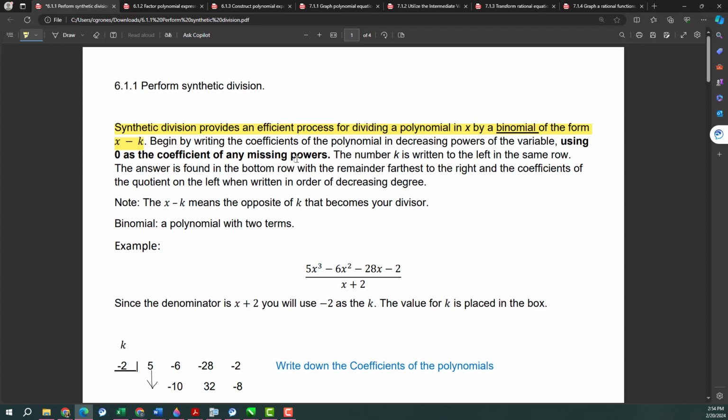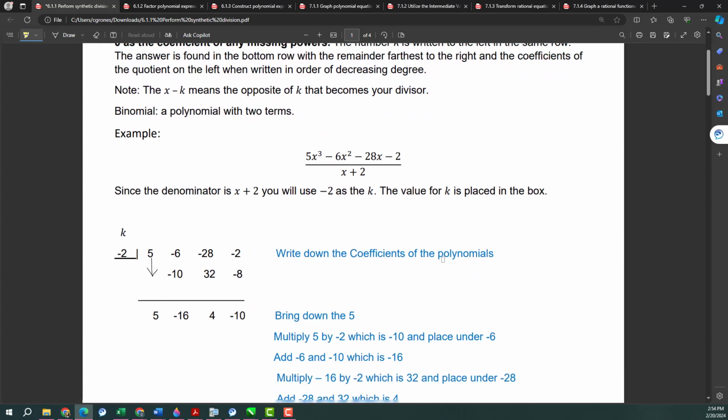So basically what we're going to be doing is we're going to be given a polynomial. In this case we have 5x cubed minus 6x squared minus 28x minus 2. So all of our exponents need to be in decreasing order, and then we're dividing this by x plus 2.